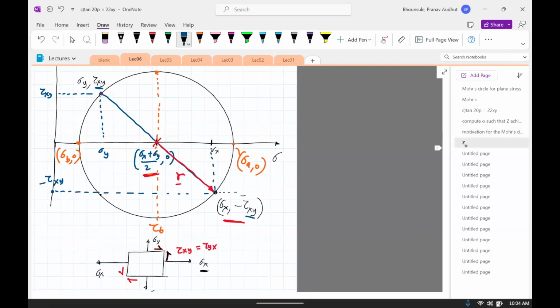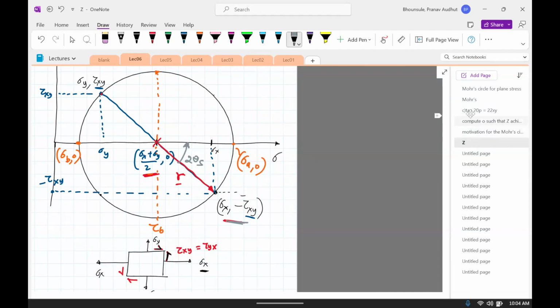So that actually can be computed here. It is essentially this angle. This angle is 2 theta s. This is the angle made by the given stress from the sigma axis.